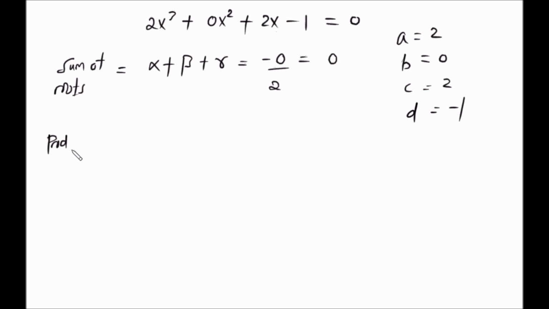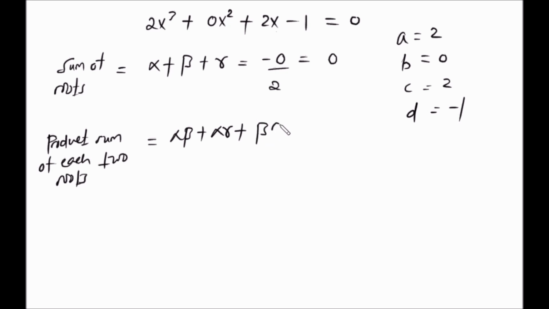So the product sum of each two roots will be alpha beta plus alpha gamma plus beta gamma. It equals c over a, which is 2 over 2, which is 1.